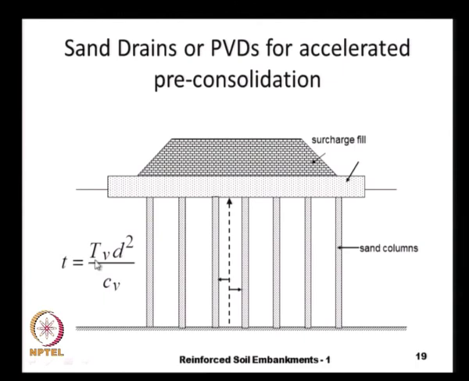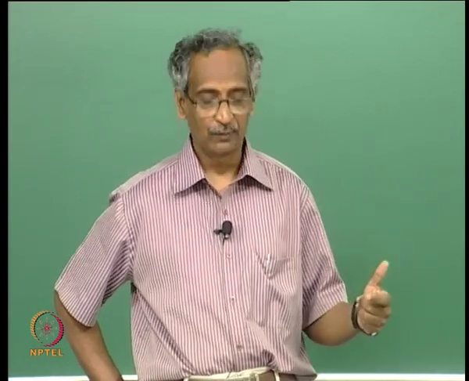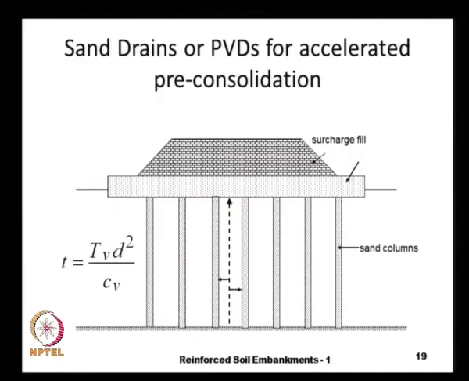In this equation, cv is a constant and Tv is also constant, because it is related to the degree of consolidation. For example, if you want 90% consolidation, the Tv we can get from the charts corresponding to 90% consolidation, and the only quantity that is variable is the drainage path length d.